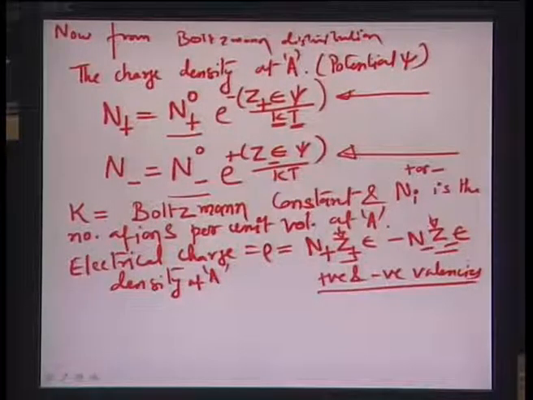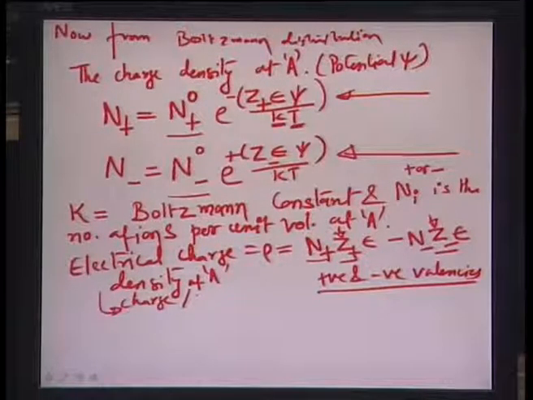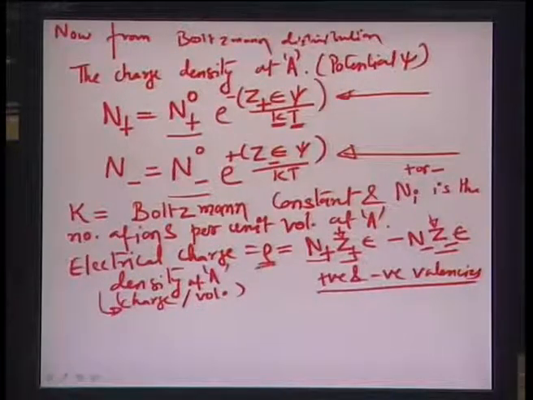So, the total charge density, that means charge per unit volume, rho is given by n plus z plus epsilon minus n minus z minus epsilon.